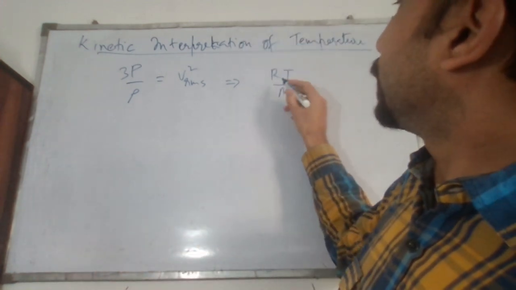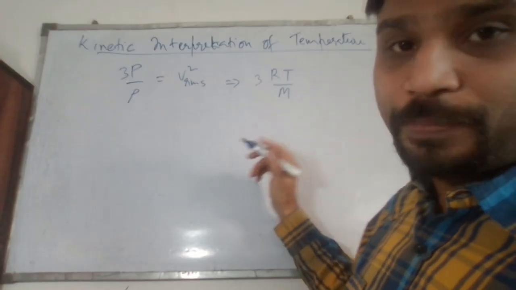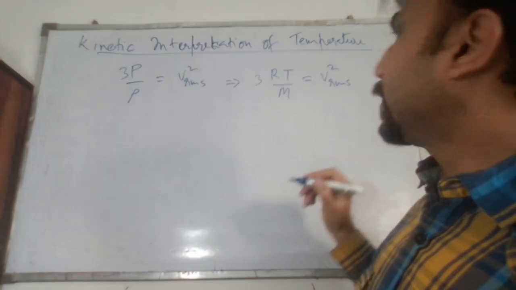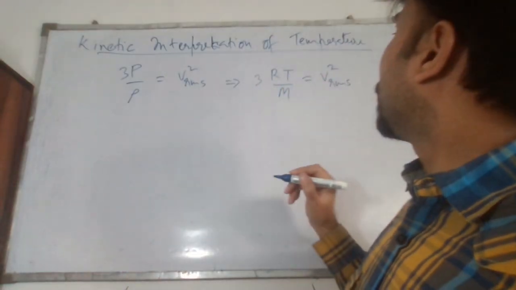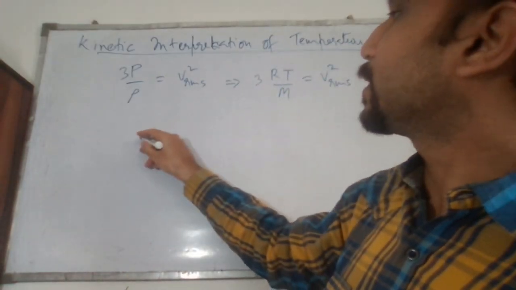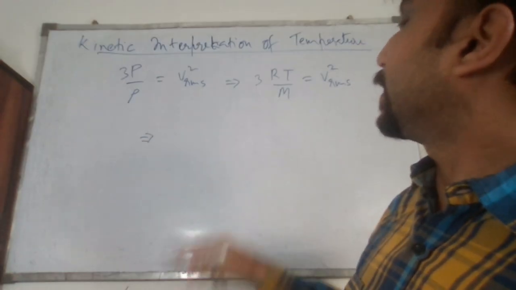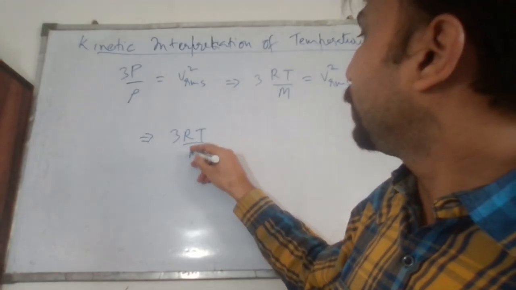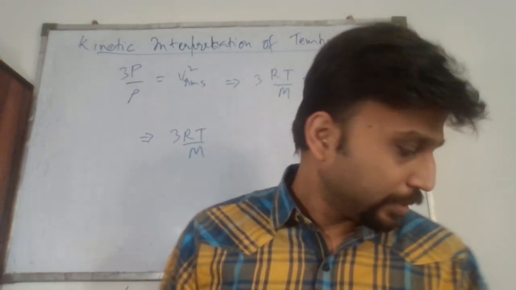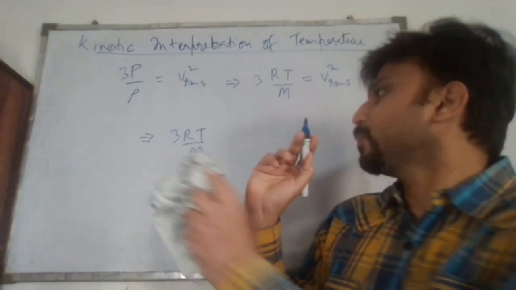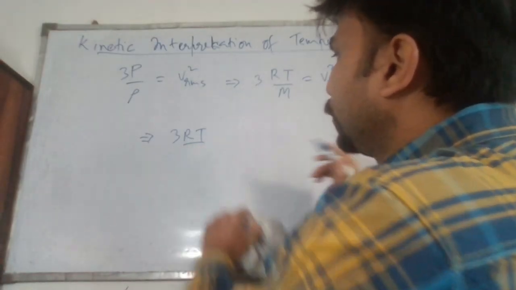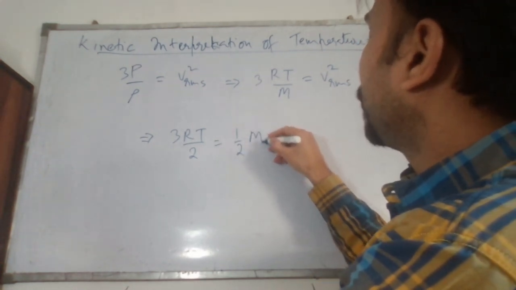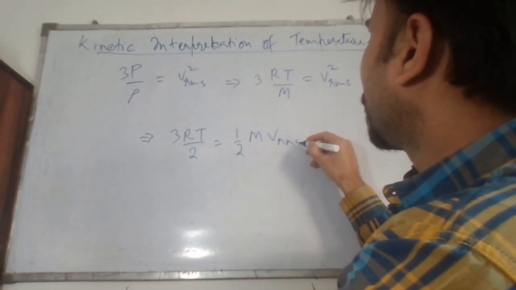So this becomes 3 times RT by M is equal to the RMS speed square of the gas. From this expression I can say that 3RT by 2 is equal to half M V_RMS square.